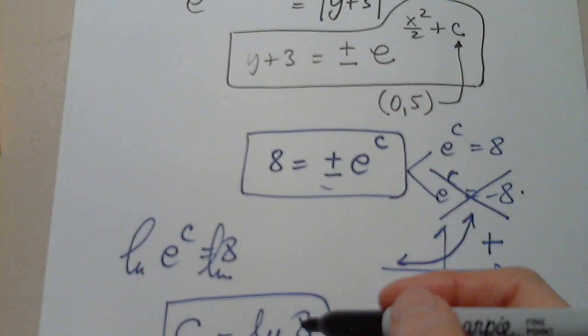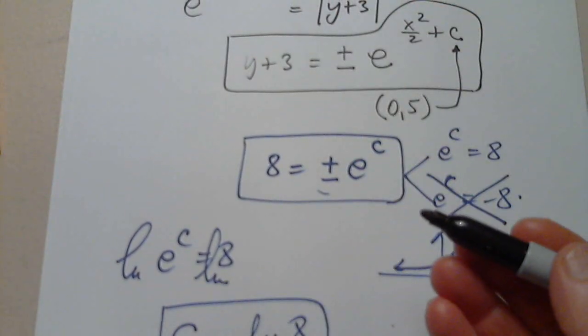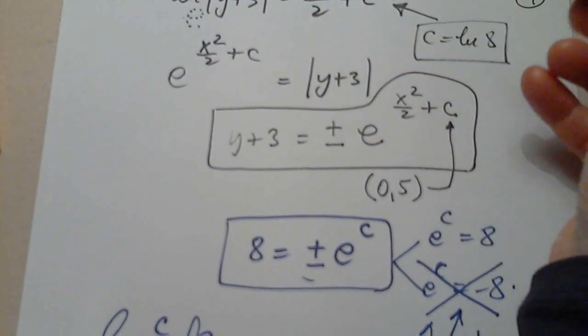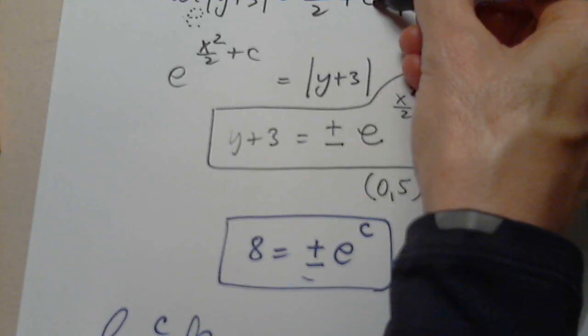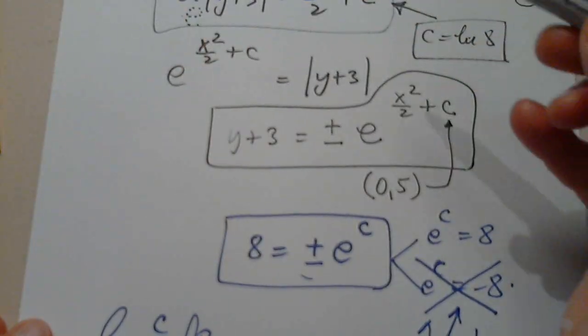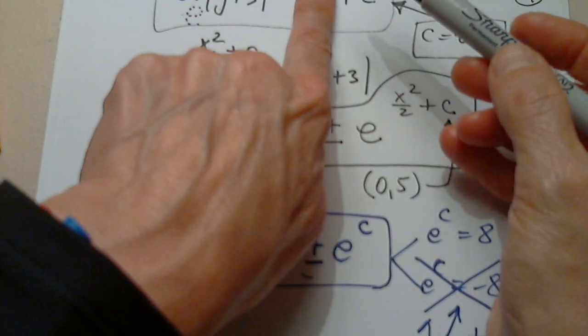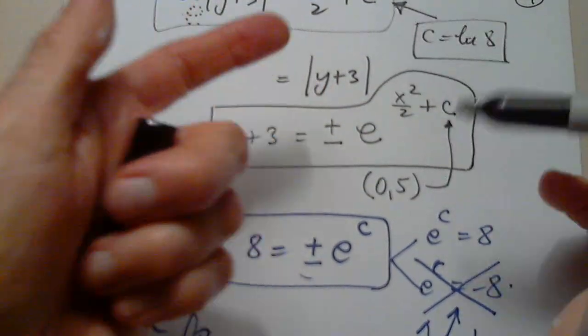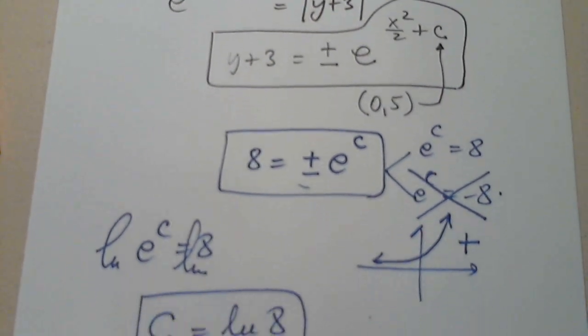We didn't have to wait. Maybe if we wait, it's a little bit more difficult to understand. Maybe we should have said, okay, at this stage, when x is 0, y is 5. Natural log of 8 is natural log of 8. So then the constant is natural log 8.